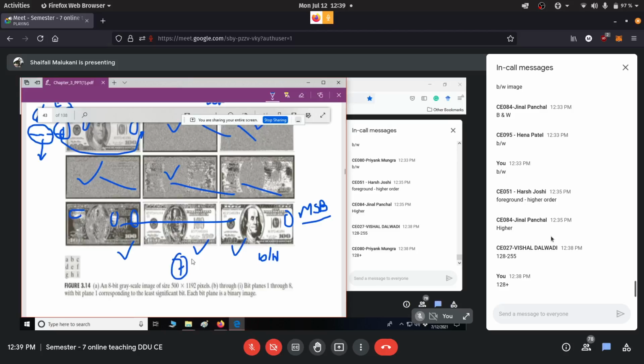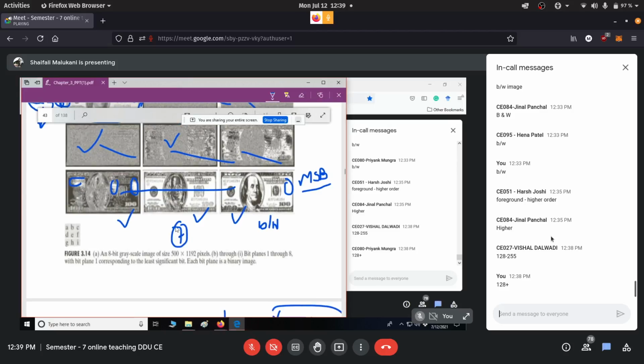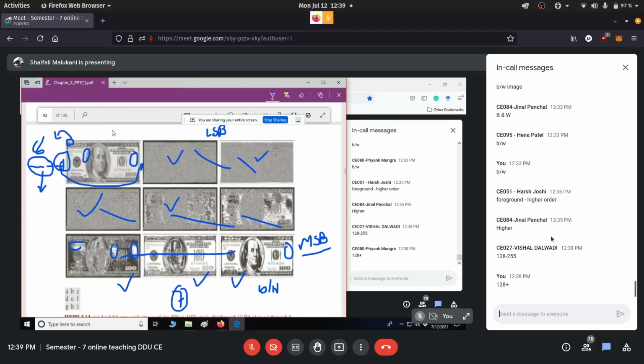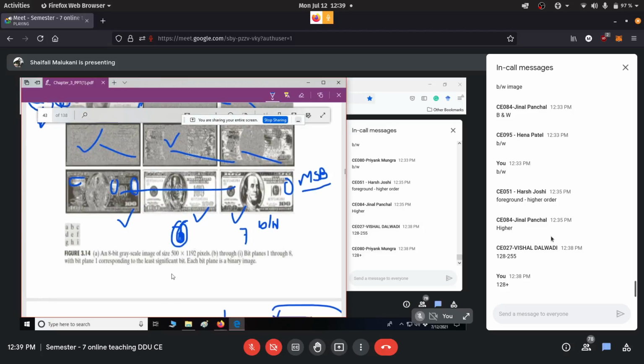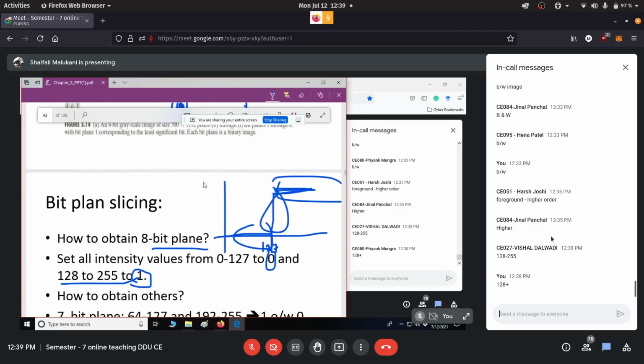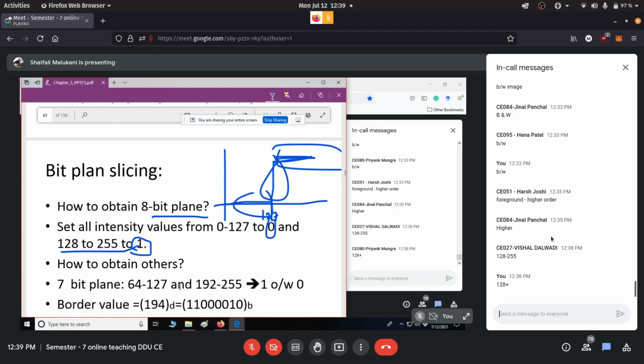If I am numbering from 0 to 7, then the sixth bit will be 1. So I can find out the range of intensity in which the sixth bit has the value 1. So I can have this type of slicing, and that's why it falls under the category of piecewise linear transformation.